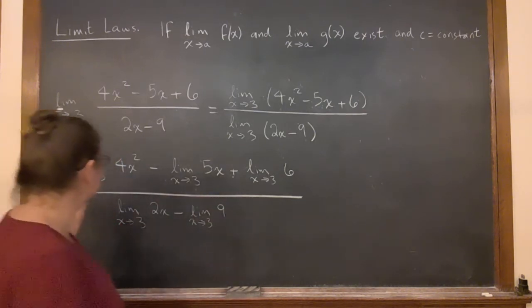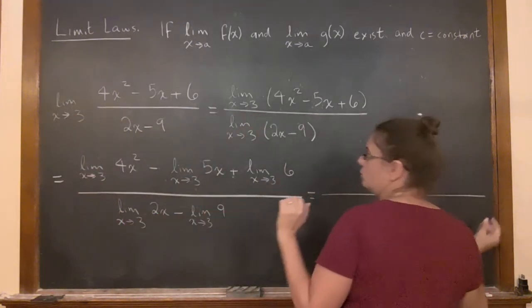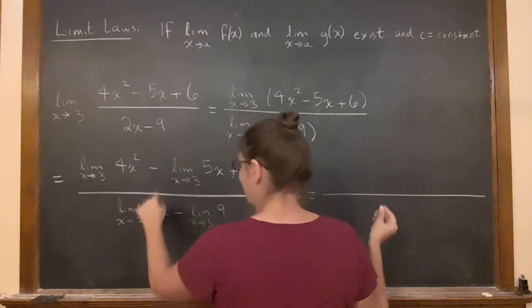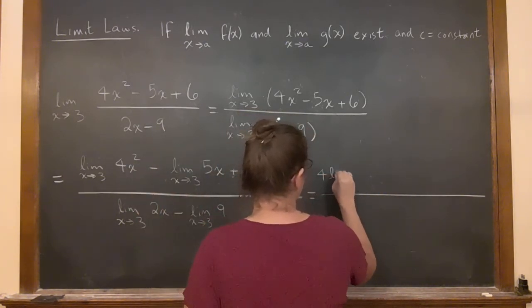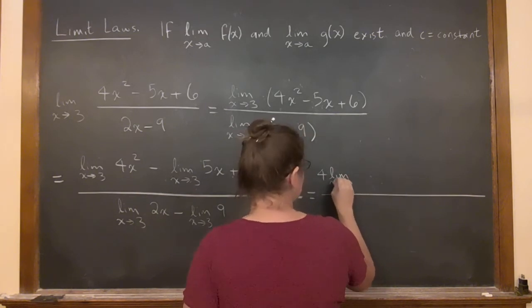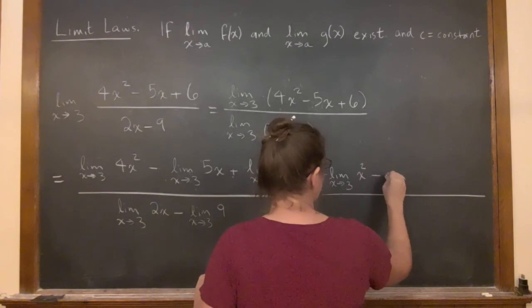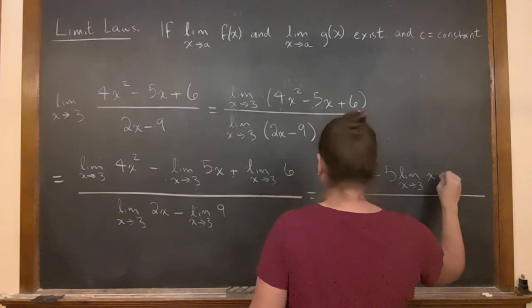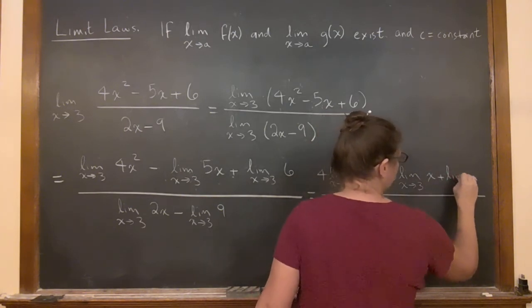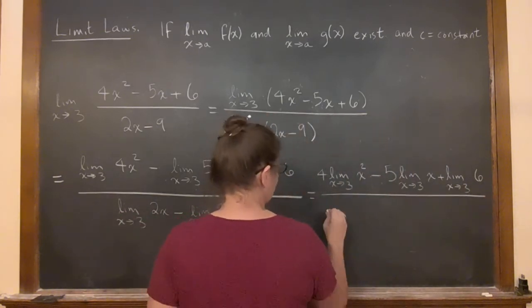Okay? And now I'm going to pull out the constants because I said that was the thing I could do, right? So I can pull out the 4, the 5, and the 2. So 4, oh, I hope I don't run out of space. I have to start writing smaller than all this writing. And then the same thing down here, I'm going to pull out that 2.